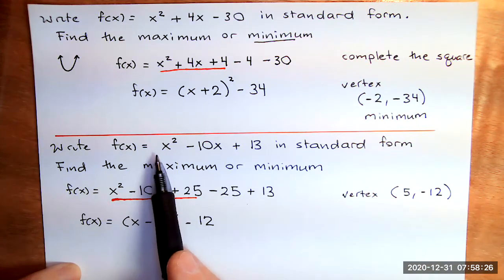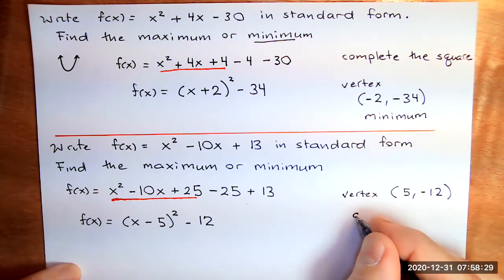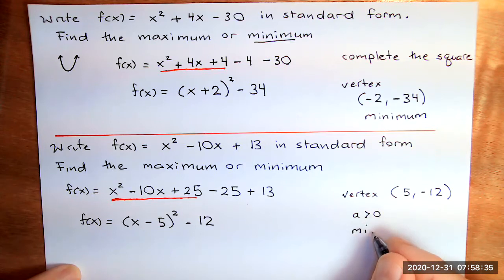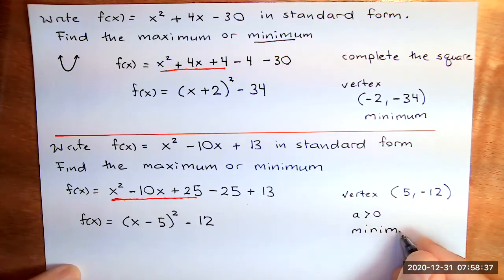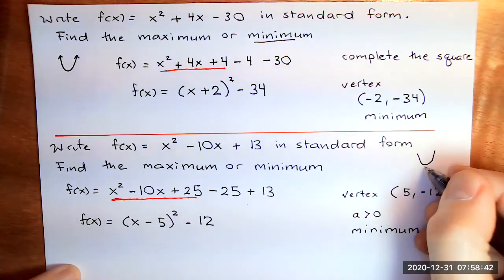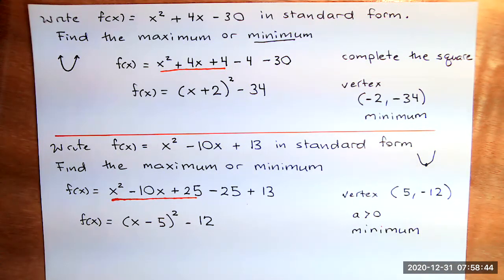And because the leading coefficient is positive, this is going to be a minimum, or the minimum, sorry. Because it's a parabola, there's only one minimum.